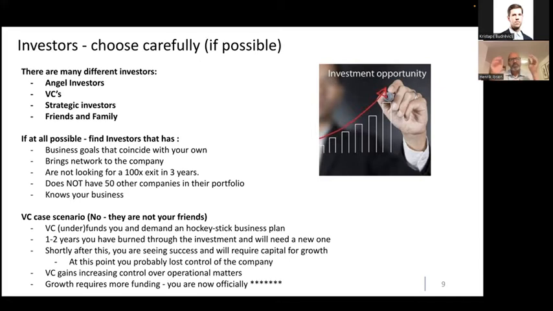There are a lot of different investors you can look at. You will have the angel investors, the VCs, the cheating investors, and friends and family. From my point of view, I've tried a lot of these out, and what I find is that the best thing you can do is to find people that have business goals that match your own. If their business has success when your business has success, that would be a great investor to have.